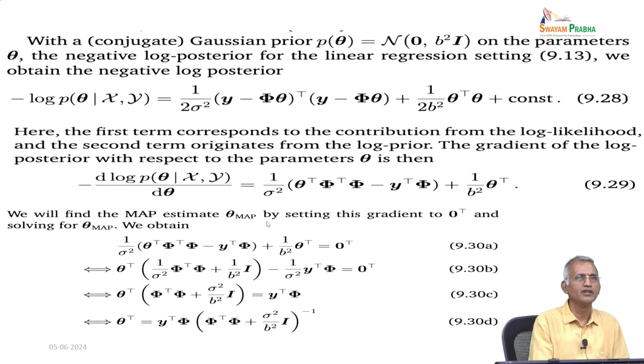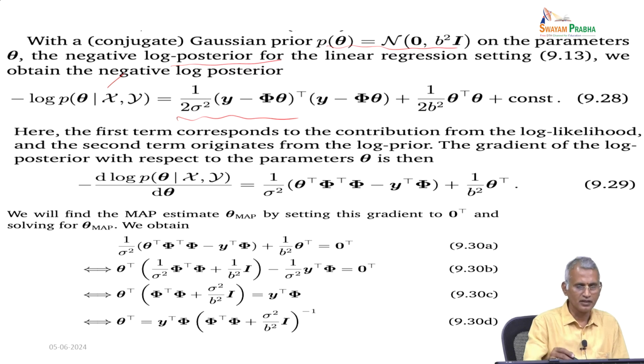So, with the conjugate Gaussian prior P of theta is N of theta comma b square I on the parameter theta, and the negative log posterior for the linear regression setting in equation 13, we obtain minus log of P of theta given x, y equal to 1 by sigma square into (y minus phi theta) whole transpose into (y minus phi theta) plus 1 by 2 b square into theta transpose theta plus constant.